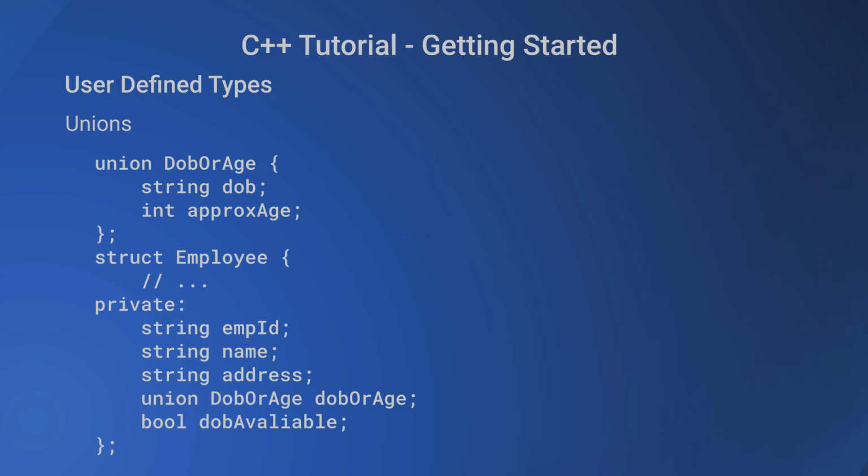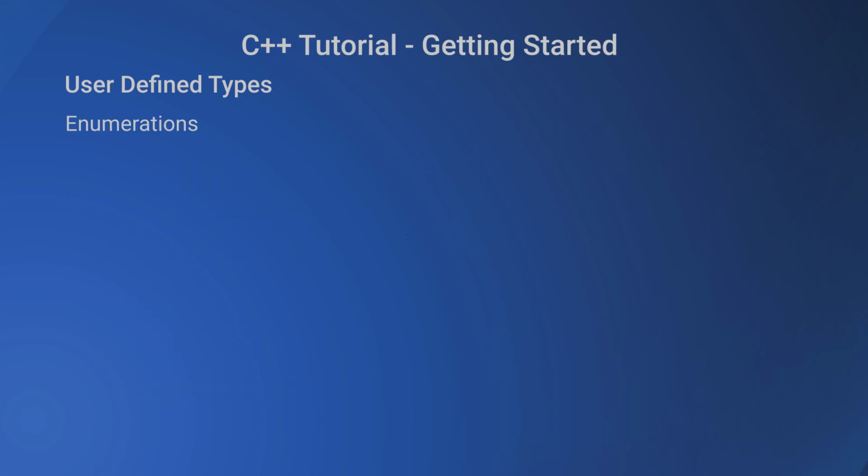We can add this union to the struct employee and we need to keep track whether date of birth or approximate age is available for any employee. So we keep a flag DOB available, which if true means DOB for the employee is available, and if it is false it means that approx age is available.